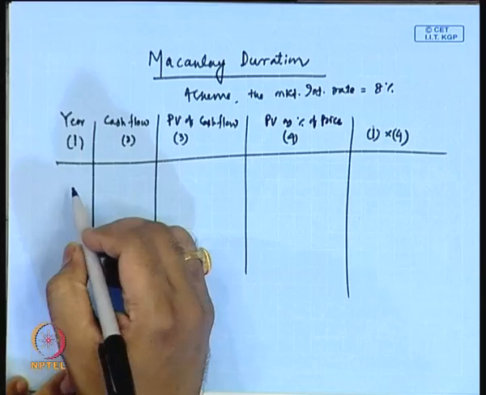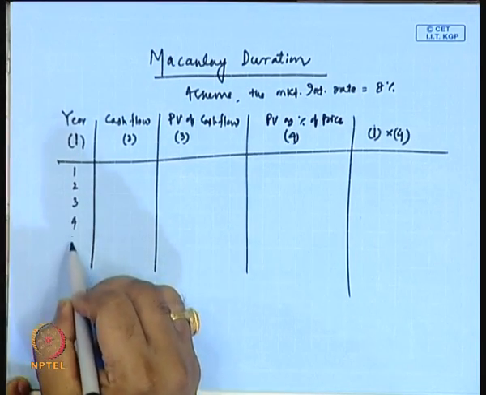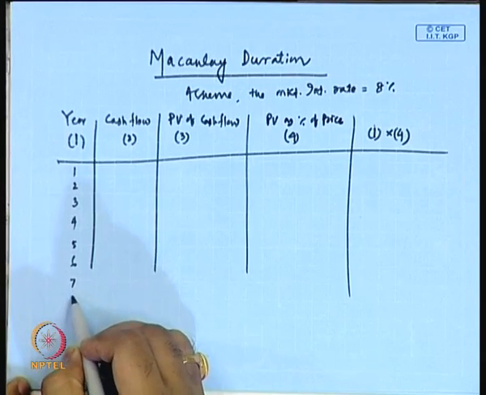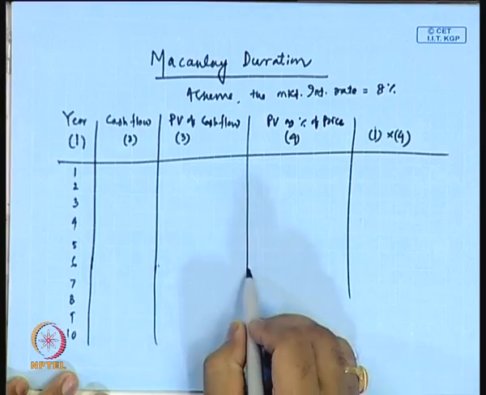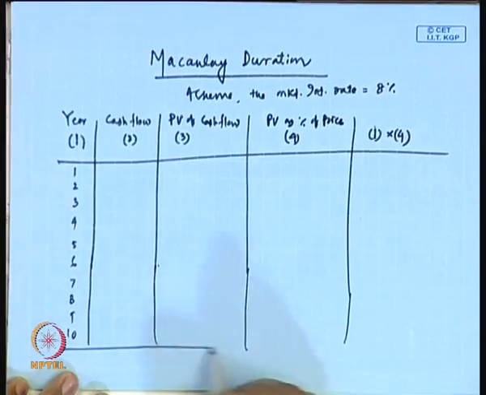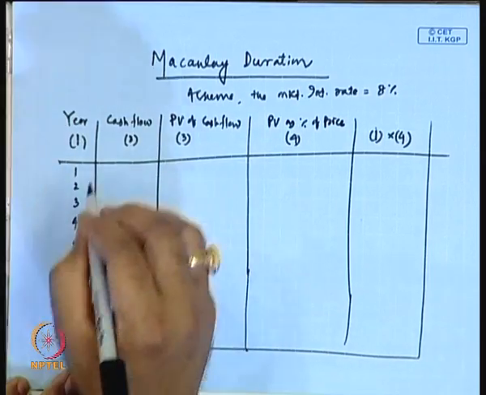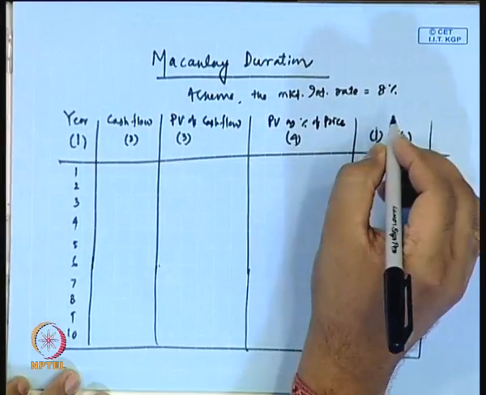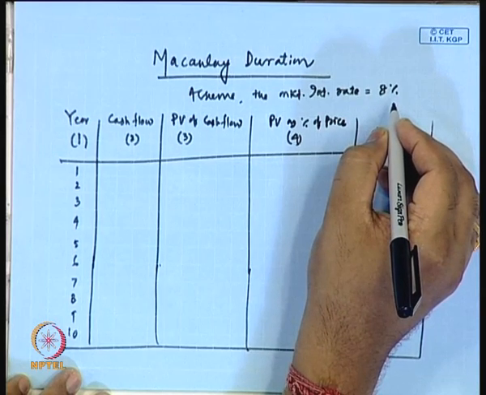What it basically shows: let there be a 10 years term to maturity, 1, 2, 3, 4, 5, 6, 7, 8, 9, 10. Then what you can observe here, and the coupon is 8, basically the market interest rate is 8%.